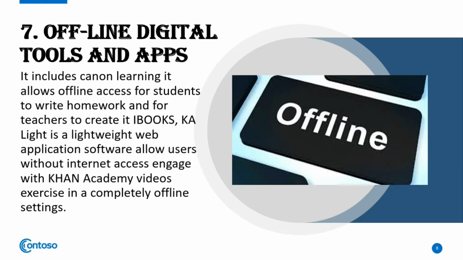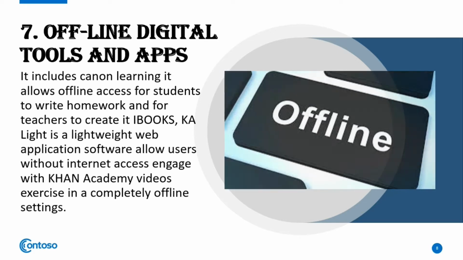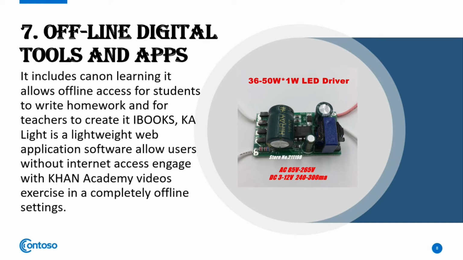Now, let us proceed to offline digital tools and apps. It includes Canon Learning. It allows offline access for students to write homework and for teachers to create ebooks. KL Lite. KL Lite is a lightweight web application software that allows users without internet access to engage with Khan Academy videos and exercises in a completely offline setting.